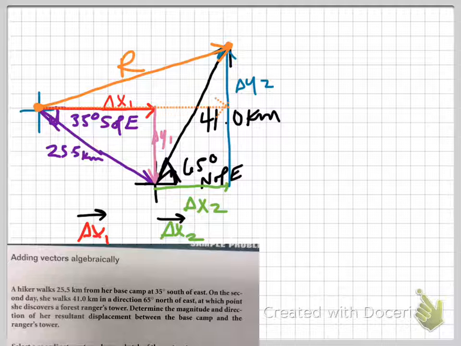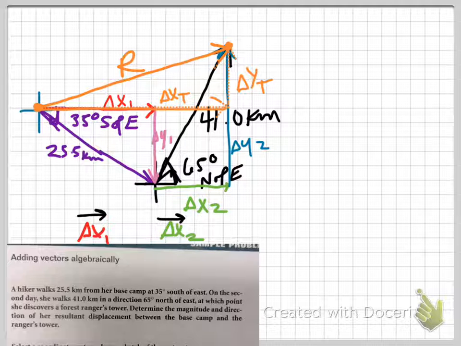There's my delta x total. And there is my delta y total.